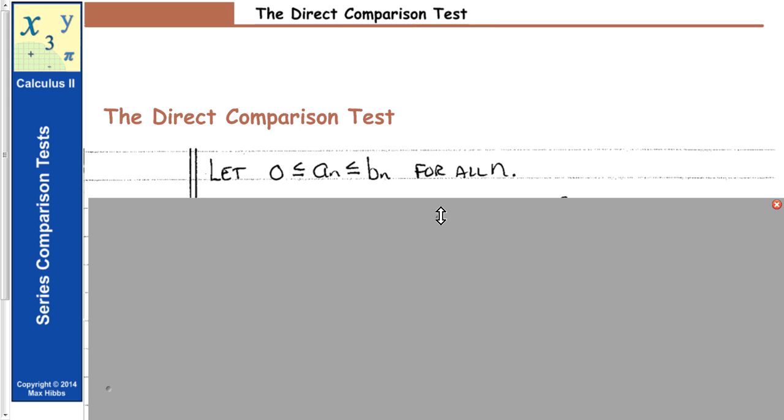Every term of one series is smaller than or equal to every corresponding term of the second series. So term by term, the first series is smaller than the second series, and all of the terms are non-negative, either positive or zero, but never negative.